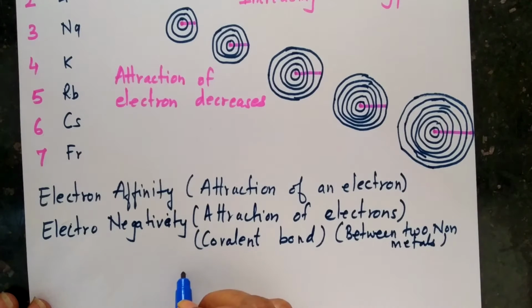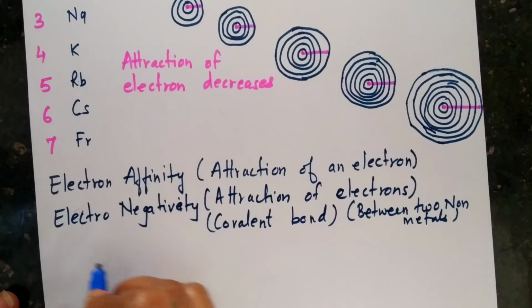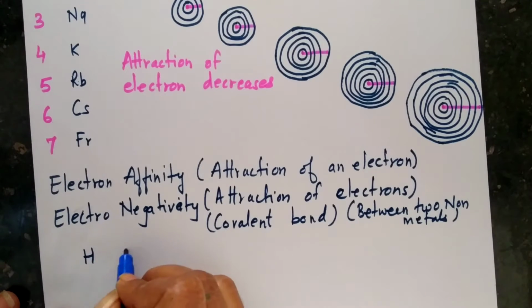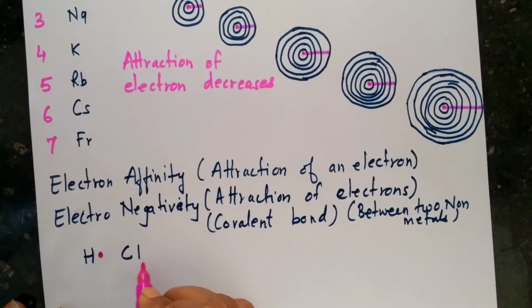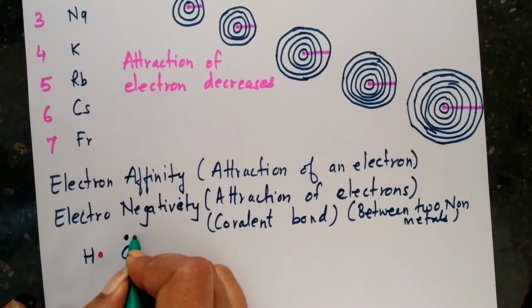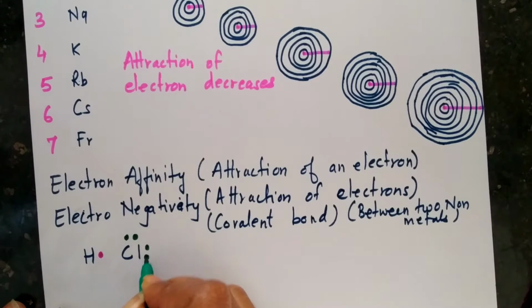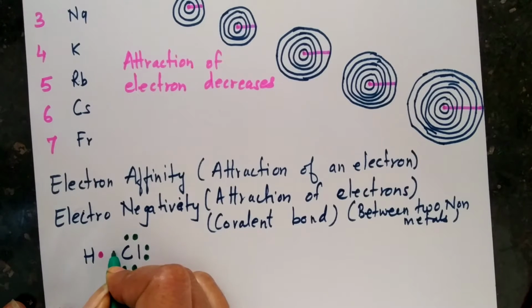For example, hydrogen and chlorine. Hydrogen has 1 electron in the last shell, and chlorine has 7 electrons in the last shell: 1, 2, 3, 4, 5, 6, 7.